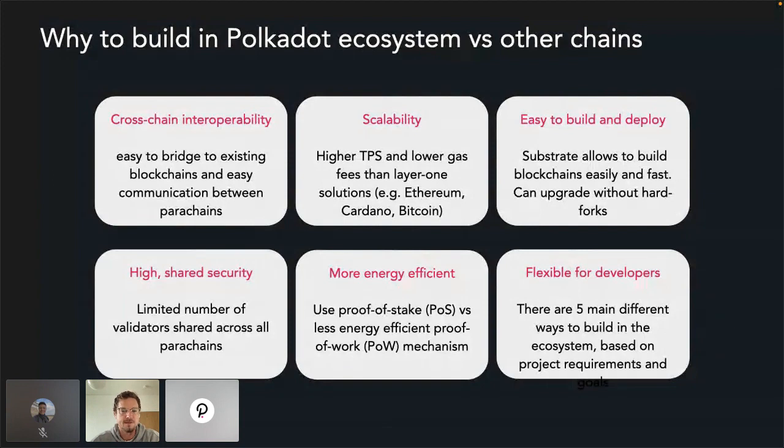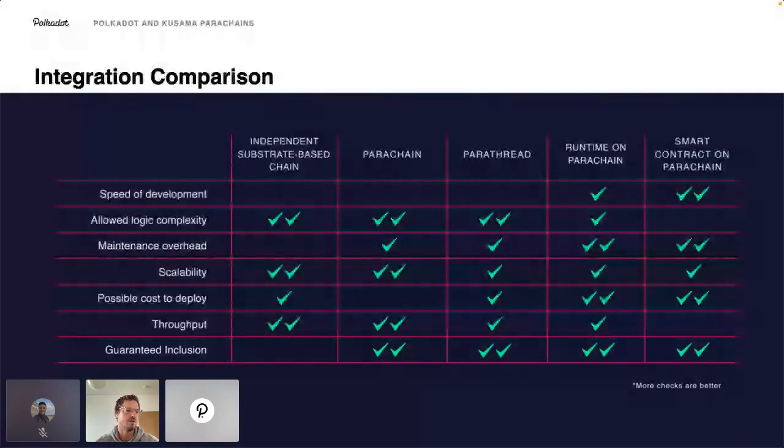And the flexibility. And this is what I will go into on the next slide as well. These 5 different building mechanisms cover a lot of flexibility for a developer and the team to build out their idea or their project. I have a slide that tries to give an overview of what to consider in a couple of different ways.